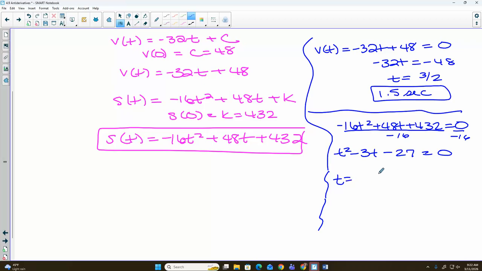Quadratic formula. Oh, look, this is a problem that just keeps giving. I love this problem so much. It is amazing. So the opposite of b plus or minus the square root of b squared minus 4ac all over 2a. Look at all the review we're doing just in one problem. All right. So I get 9 plus 108.